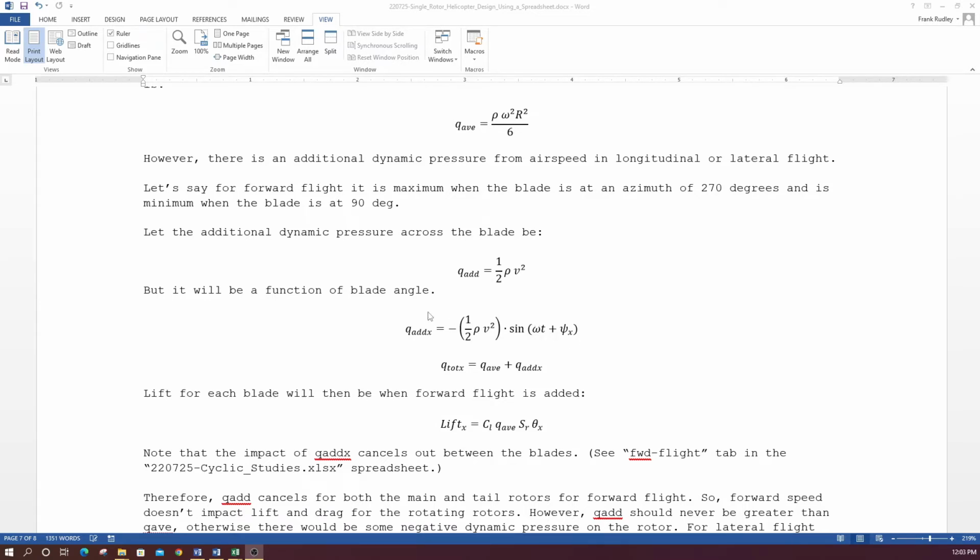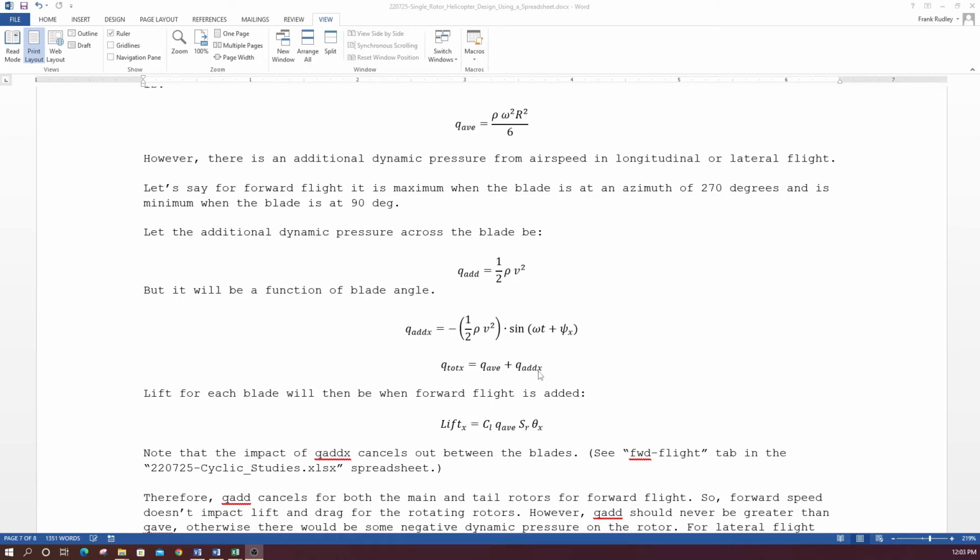So this winds up being 0 as you go around. For each individual blade at any given point it's going to be this here, but if you sum all 4 blades up, it always sums to 0. So our total Q is our Q average plus this additional Q, which winds up being 0.